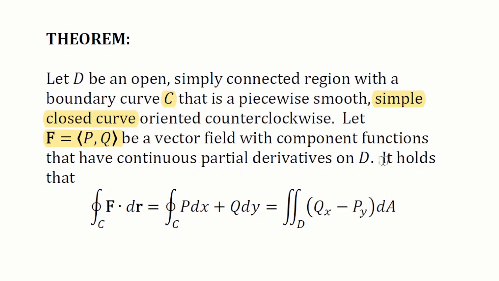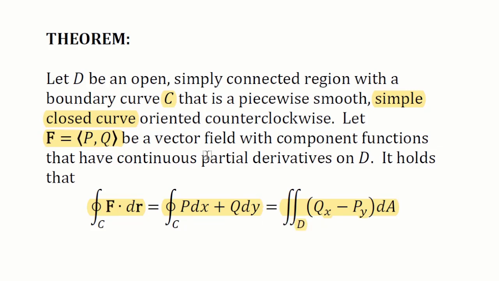But now the main important part: it holds that the line integral for this simple closed curve right here, that's why there's this circular symbol, is another way of writing our line integral, as in my video lecture about the line integral. And so the real important part is here. The line integral along this simple closed curve turns out to be the double integral over the region inside the curve.